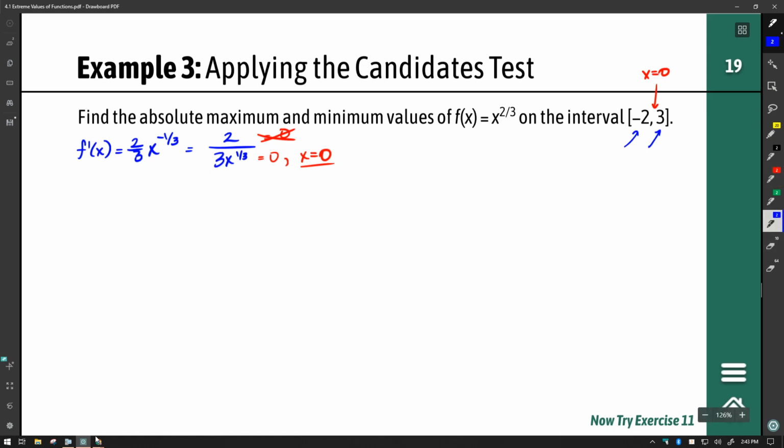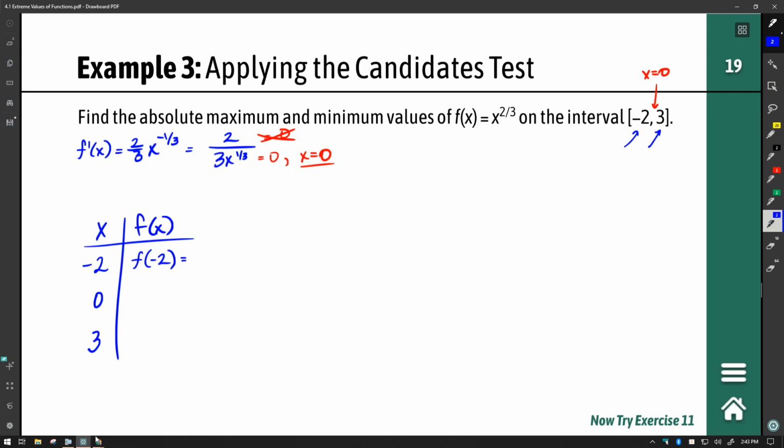And usually we organize a candidate's test in a table. We have x values and we have y values, in other words, f of x values. And our x values that are the candidates are the left endpoint, which is -2, the critical number inside, which is 0, and then the right endpoint, which is 3. In the right column, we want to find the function values, not the derivative, but the actual function. So what is f of -2? We plug -2 into the function.